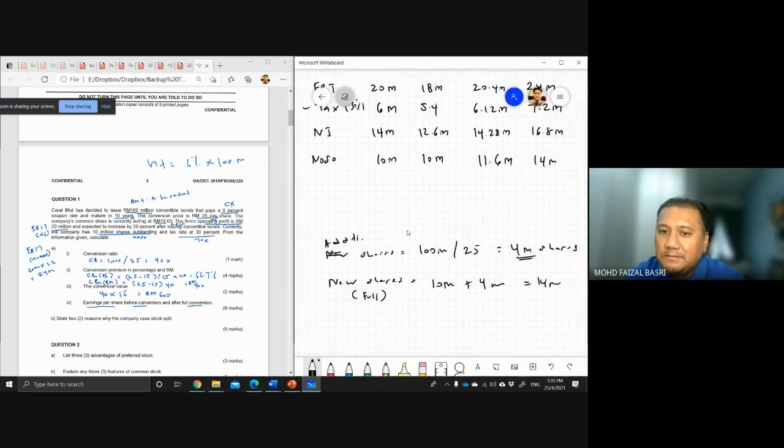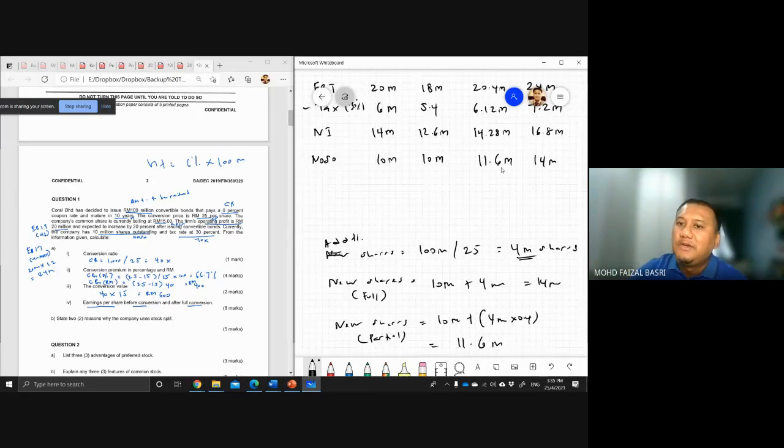But when we talk about new shares for partial, this partial is 40%, kan? So the original 10 million ni, kita akan add with 4 million darab dengan yang convert saja, 40%. So here we get 11.6 million.